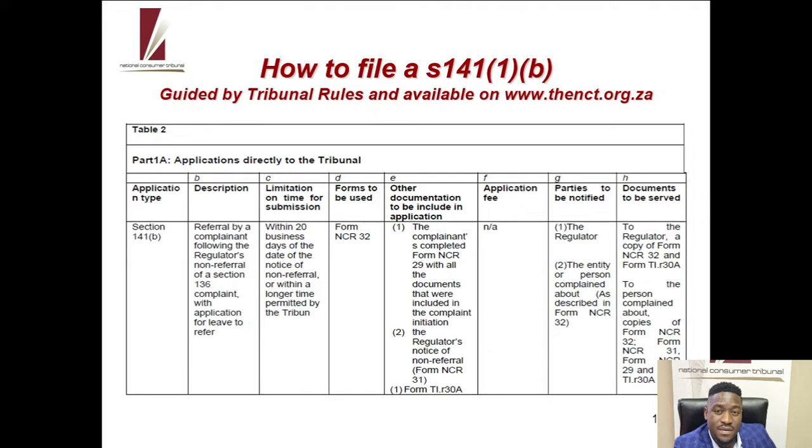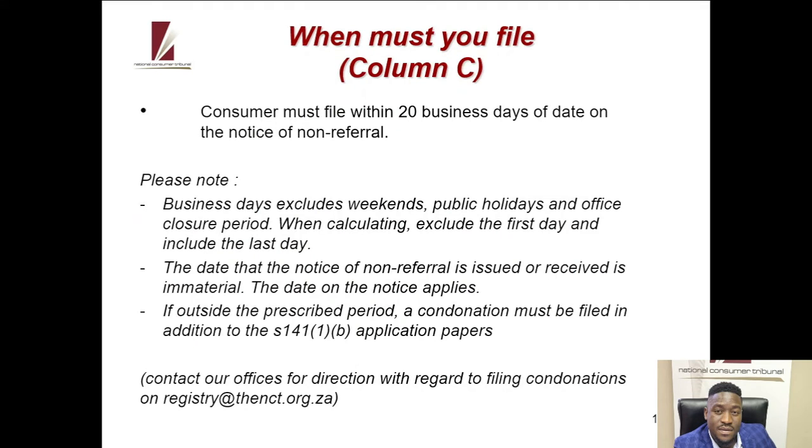Table 2 serves as a guideline on how to file a Section 141B application as guided by the tribunal rules, which are available on the NCT website, which is www.thenct.org.za.